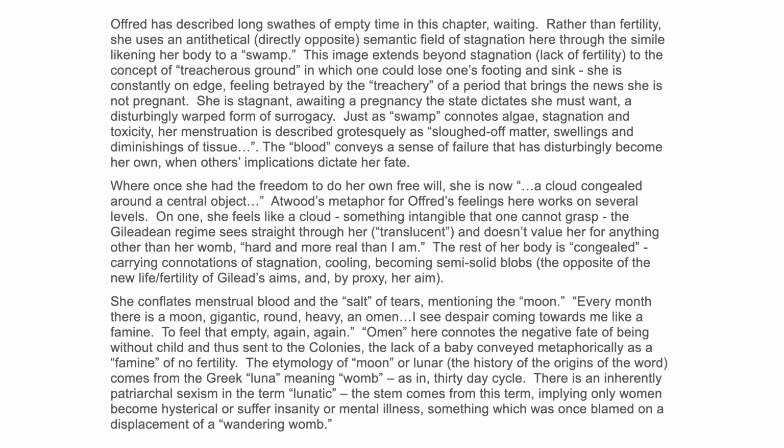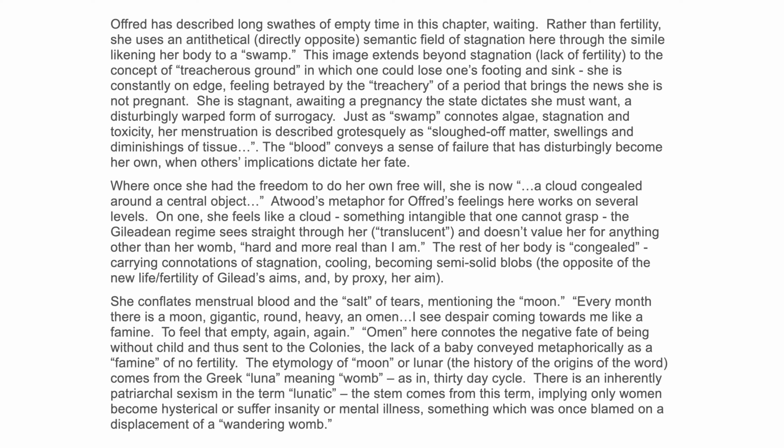She conflates, there's the word that I was trying to remember, she conflates menstrual blood and the salt of her tears, mentioning the moon. Every month there is a moon, the moon's cycle of 30 days, like that of the womb, gigantic, round, heavy, an omen foreboding something negative, another failure. I see despair, not being pregnant, coming toward me like a famine, lack of fertility in the soil, lack of produce.